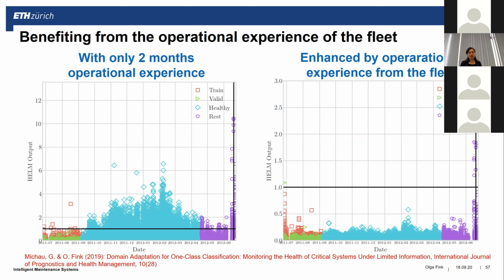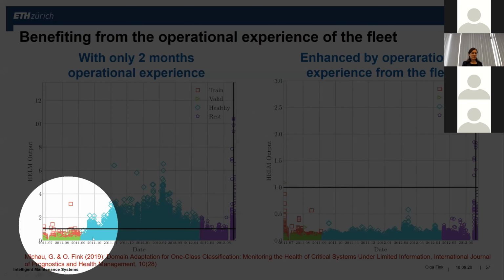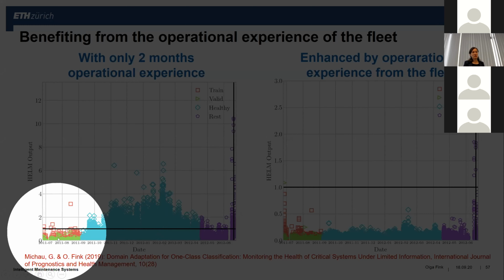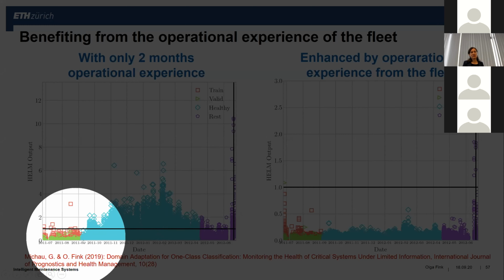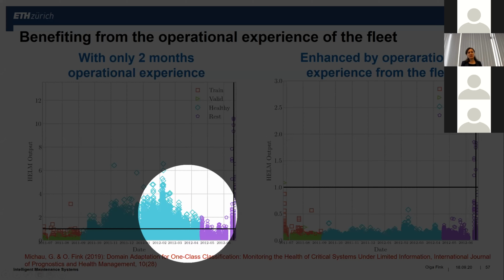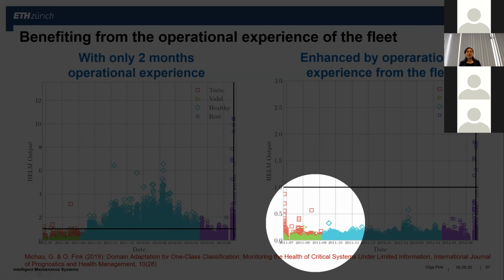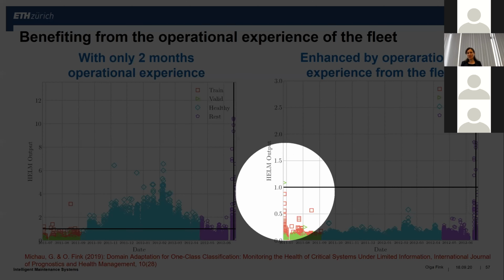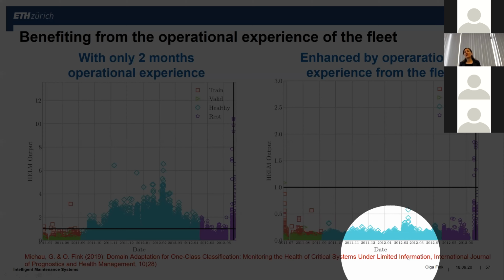Now we enrich this target unit with the aligned representation of a more experienced source unit. And now we did not detect anything here in the meanwhile, and we started detecting something when there is really something to detect. So that really helped us to enlarge the operational experience of the different units in the fleet, and to start detecting more robustly in our case.